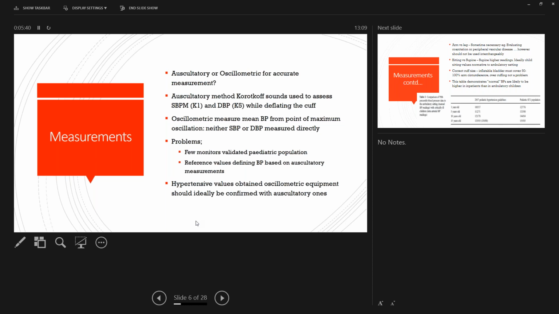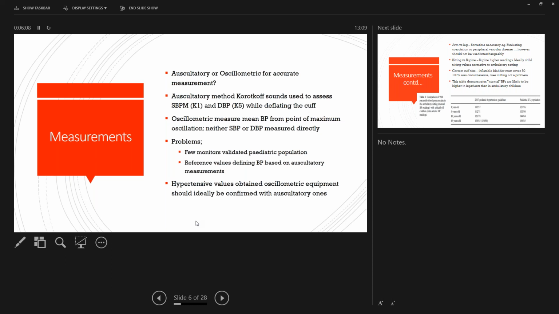The oscillometric actually measures your mean BP from your point of maximum oscillation. So neither systolic or diastolic are measured directly. And a lot of the automated monitors are calibrated under certain calculations based on the mean blood pressure. So how does this bode a problem for paediatrics? Well, the automated monitors, very few of them are actually validated in the paediatric population.